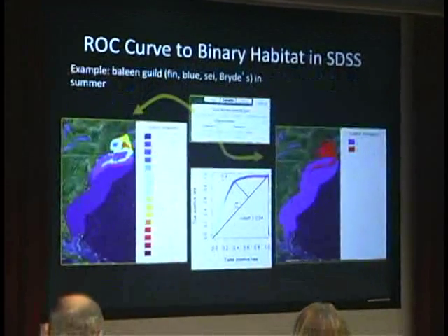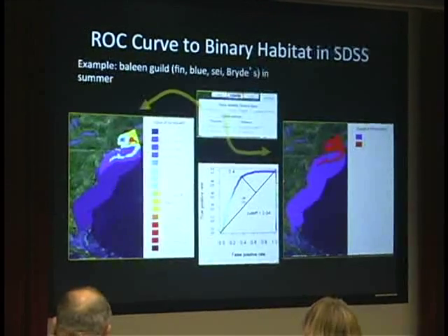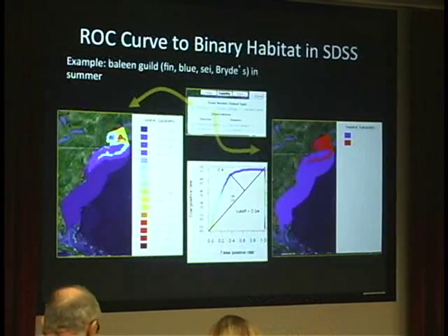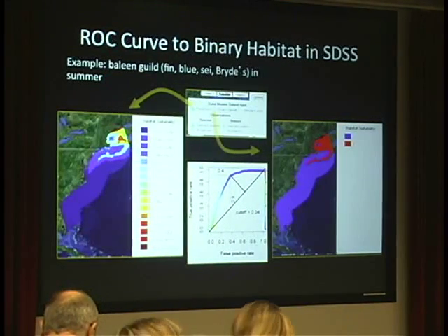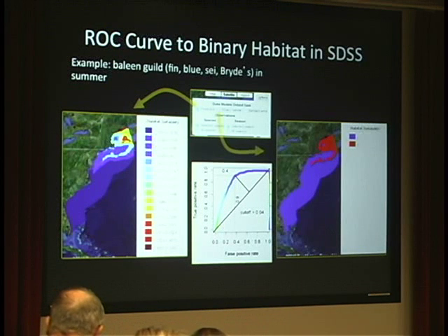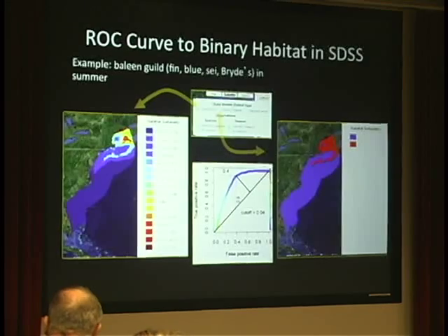So that does incorporate this idea of uncertainty, because you're saying, okay, here's the likelihood of me calling this habitat and it not being habitat, so that would be a false positive, or the likelihood of me calling it not habitat and it actually being habitat, so that's a false negative. And if you're more risk averse, then you're more leery of the false negatives for sure.